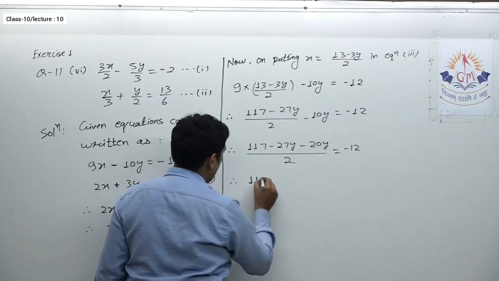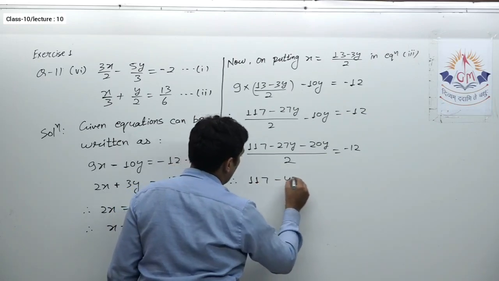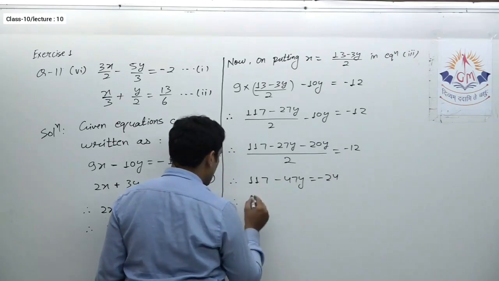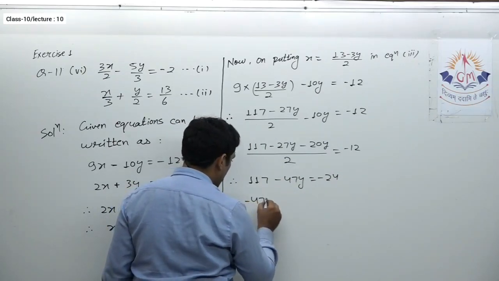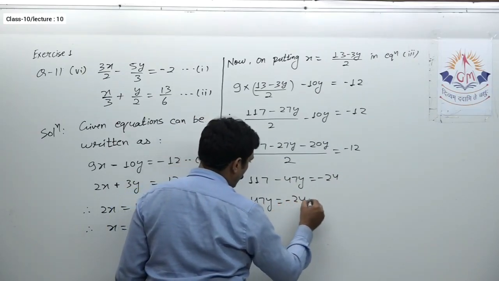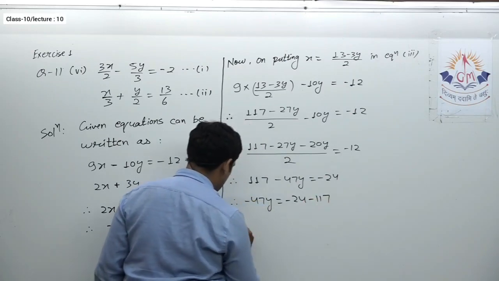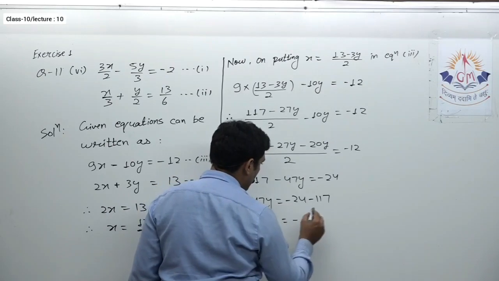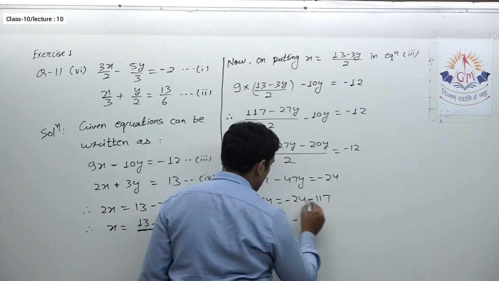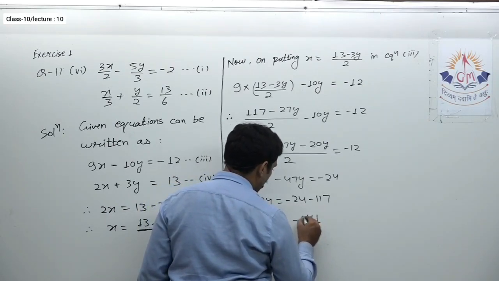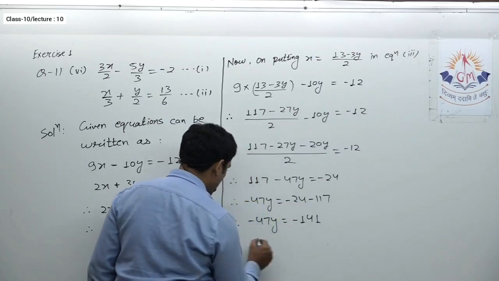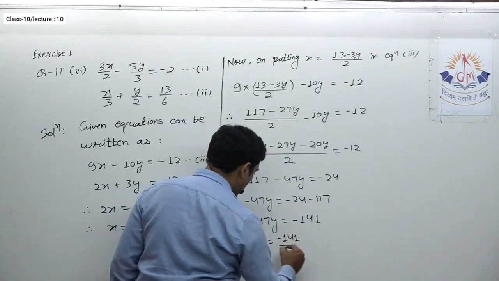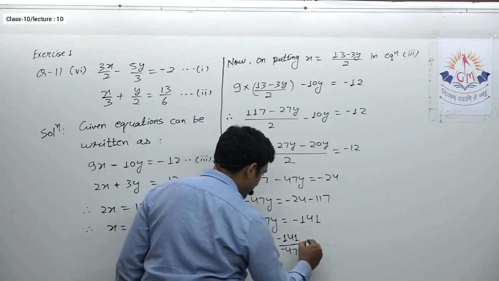So 117 minus 47y is equal to minus 24. So minus 47y is equal to minus 24 minus 117. So minus 47y is equal to minus 141. So y is equal to minus 141 upon minus 47.